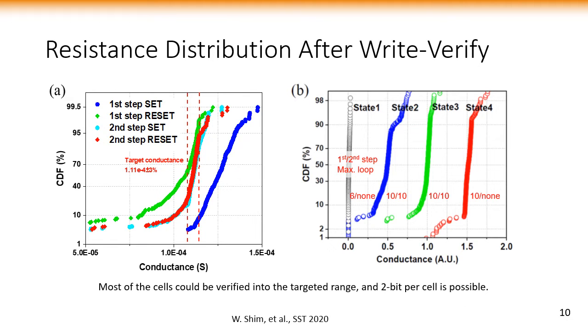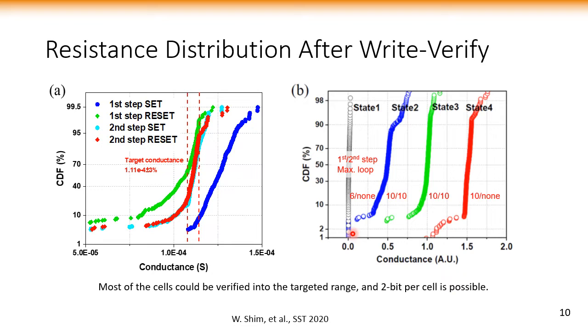With this kind of approach, we can tighten the distribution of most of the cells in the array to this very tight range. Here, this is the final distribution after the 2 round write and verify loops with the variation like 3%.